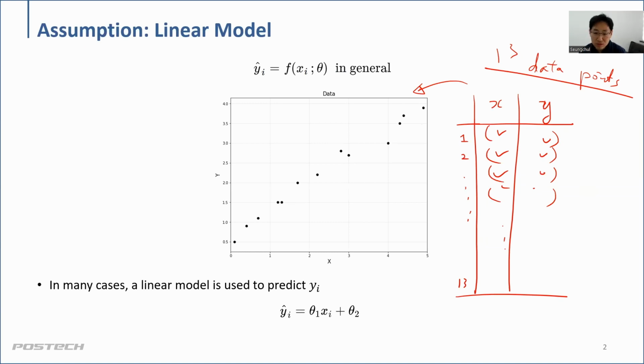You might think there's some kind of relationship between X and Y, and you decide to build some kind of model to represent the relationship between the input and output. You want to have some kind of function that takes X as input and Y as output.